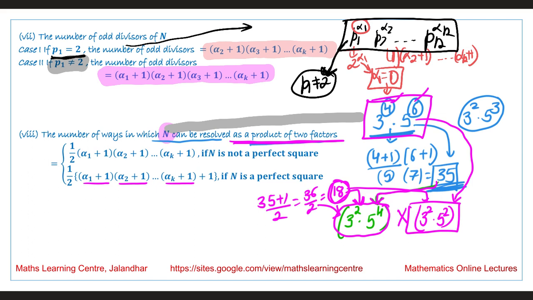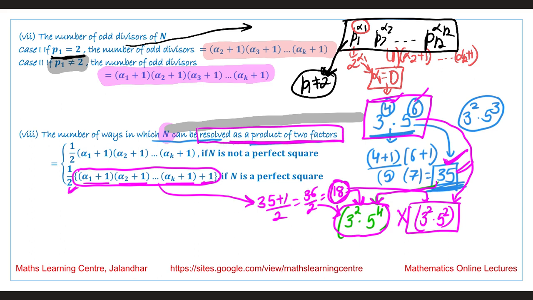This is the total number of divisors that we have. This whole term is odd, so we add 1 to it and divide the whole term by 2. This will give us the number of ways in which the product can be resolved.